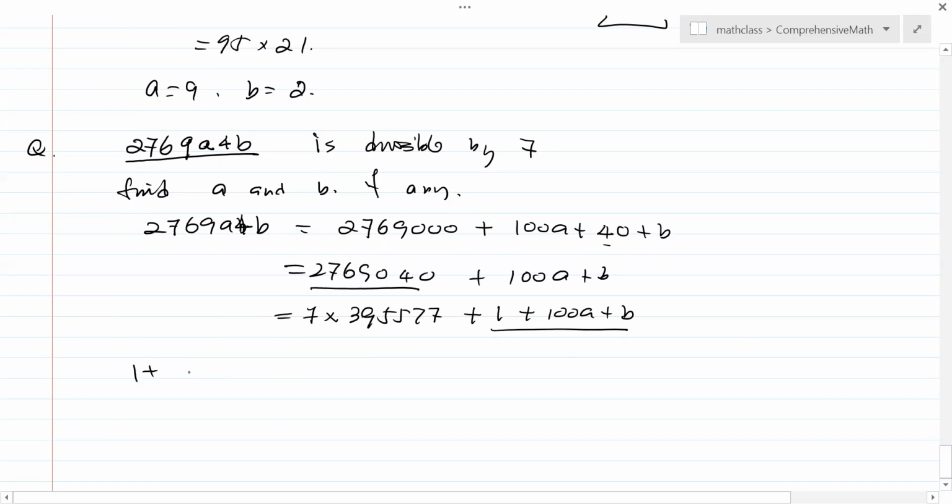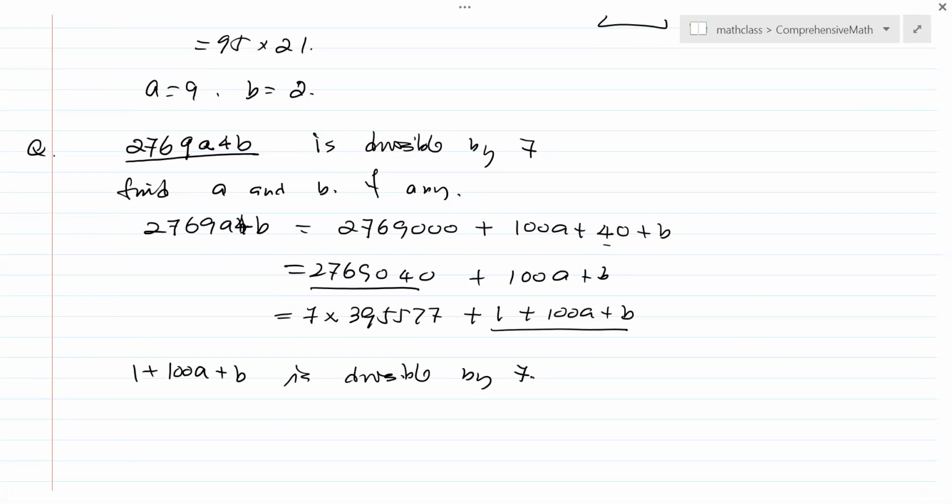So 1 plus 100A plus B is divisible by 7. Basically that is a 3-digit number, right?